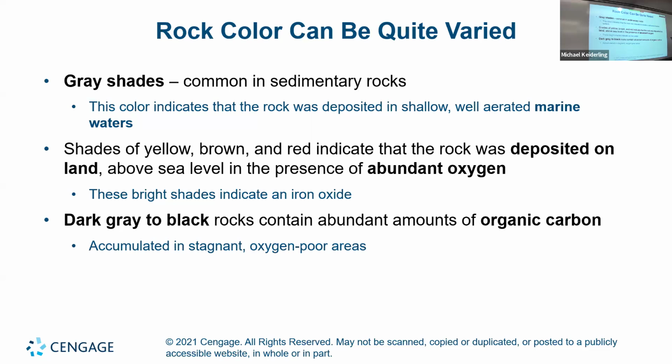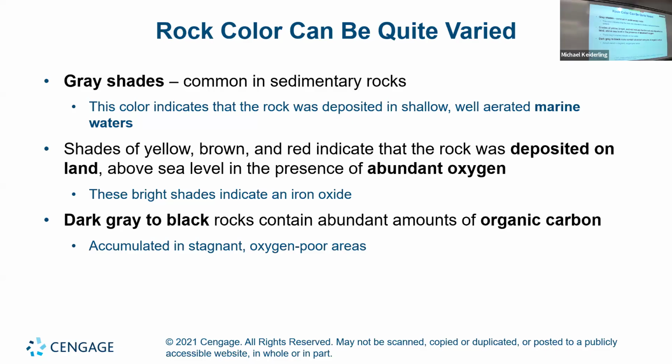Yellow, brown, and red indicate the rock was deposited on land above sea level, due to the presence of abundant oxygen. So this is less oxygen, and this is lots of oxygen. You get iron oxides, so you get bright yellow, brown, and red colors.